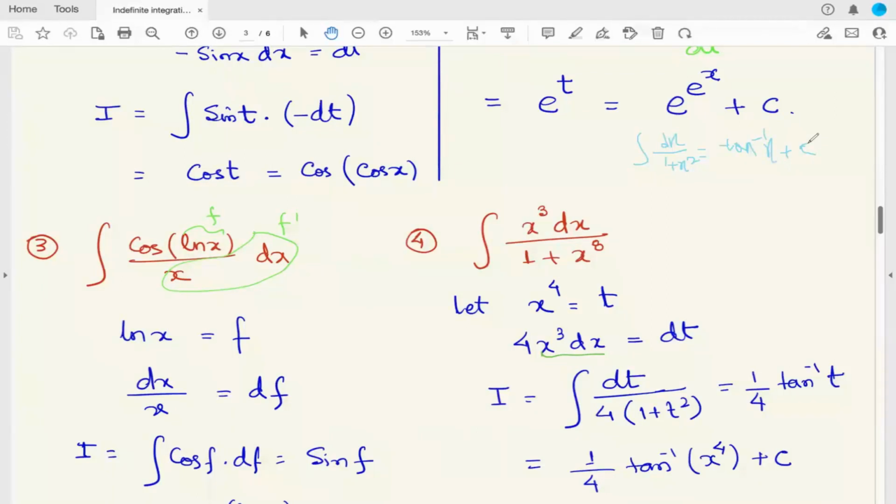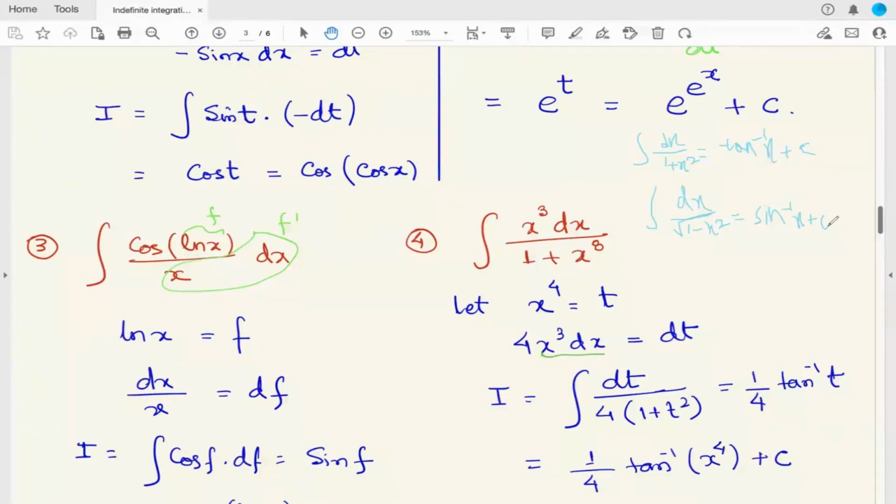Now the second thing is dx by root under 1 minus x square, which is sine inverse of x plus c. These are some basic formulas which you have to remember.